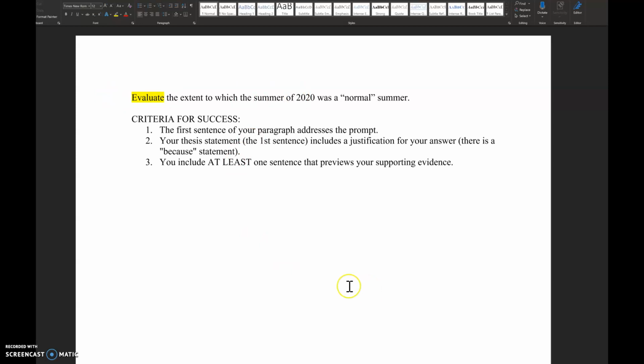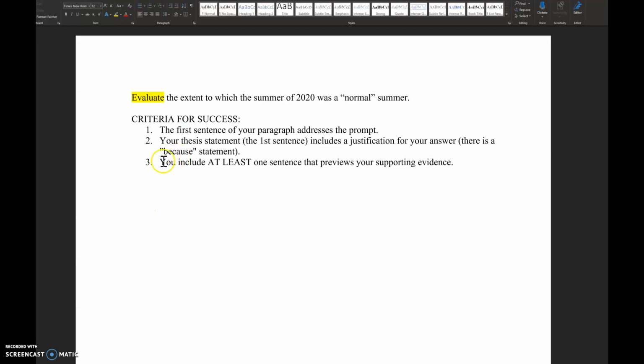I'm not just going to say the sky is blue. I'm going to say the sky is blue because that color in the daytime sky is the same color as my shirt, which is blue. So if my shirt is blue and the sky is the same color, then the sky must be blue. But notice I said because. That is my justification for the answer I just gave.